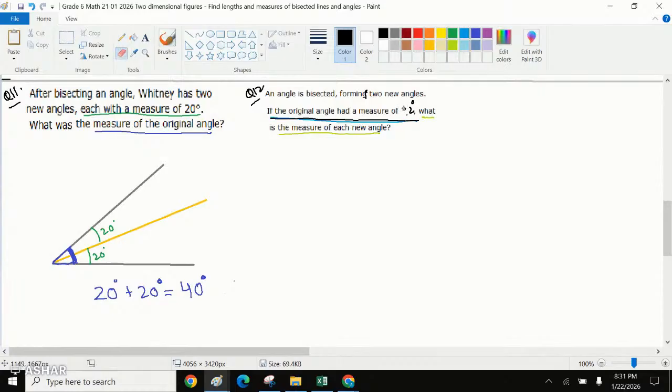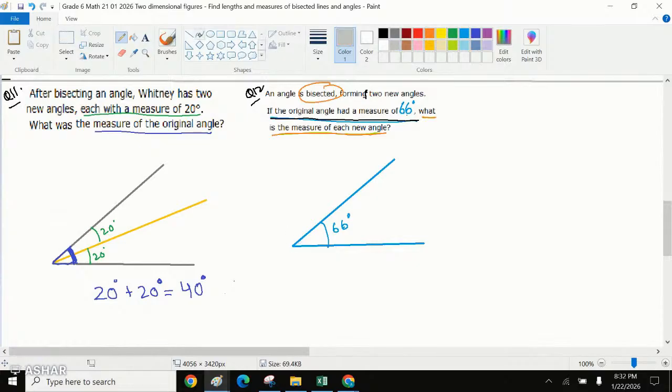If this was given as 66, the question says an angle was given to us that was 66 degrees. We need to find the measure of the new angle when the angle is bisected.